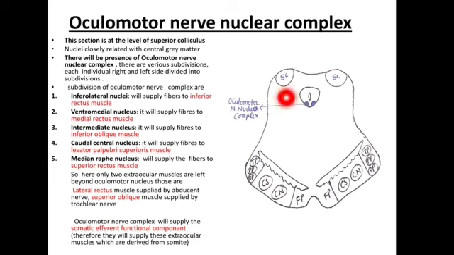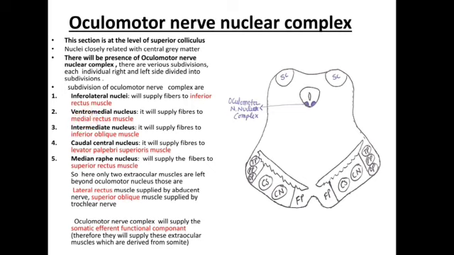There are various subdivisions of this complex. Each individual right and left side is divided into subdivisions. Subdivisions of the oculomotor complex are: inferolateral nucleus will supply fibers to inferior rectus muscle.